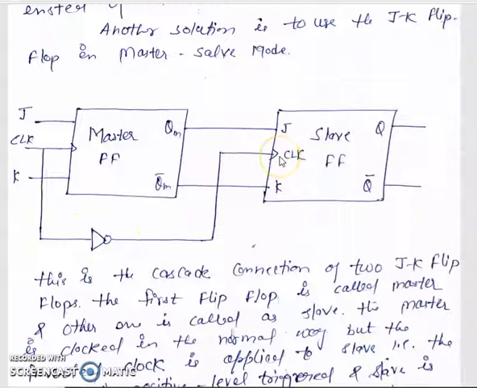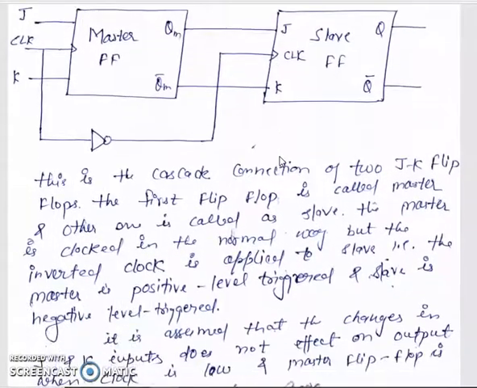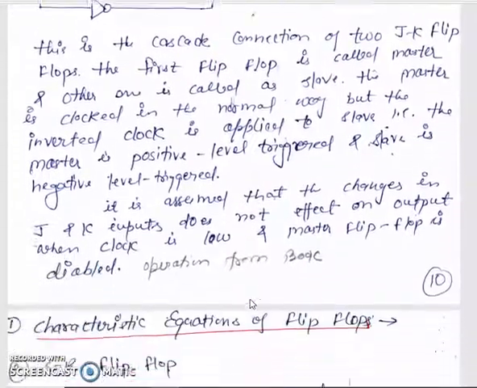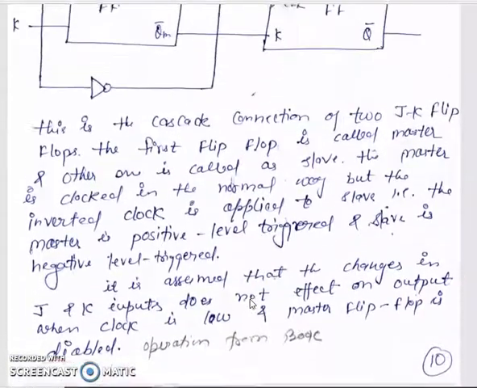When the clock is equal to 1, the master is enabled and the inverted clock is 0, so the slave is not activated at the same time. So we can remove the race around condition by this solution.